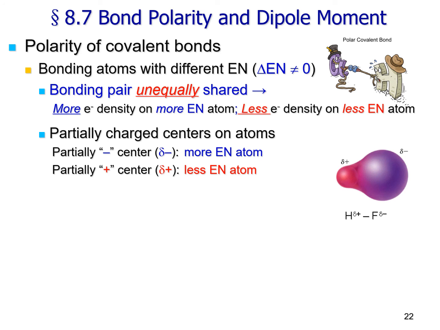We do not know the exact value of the charge, so that's why we use delta, to represent a charge somewhere between 0 and 1. Why can't we just get those values and figure it out? Because there's no need. This delta minus, delta plus has already made the point for the polarity of such a covalent bond. That is all we need.